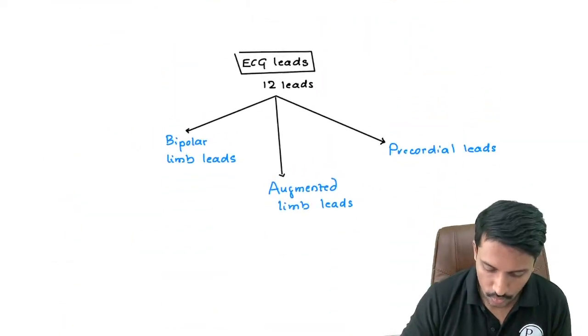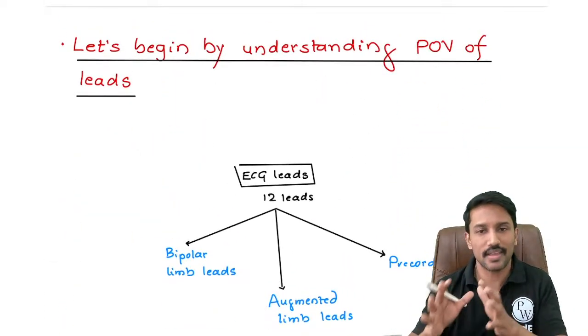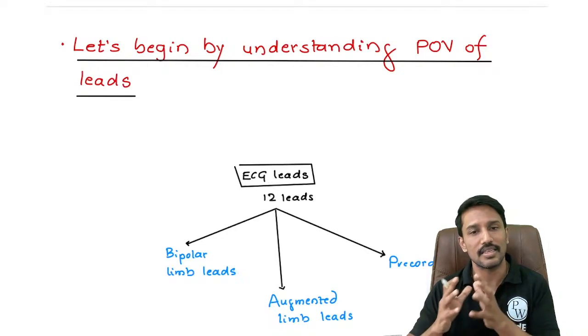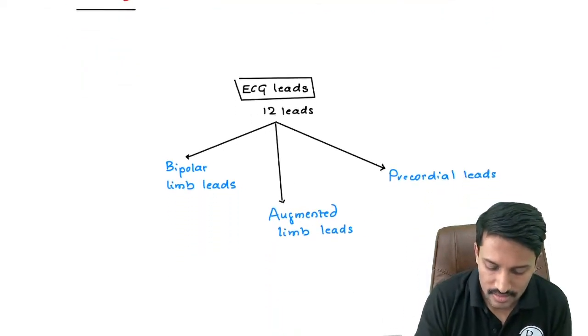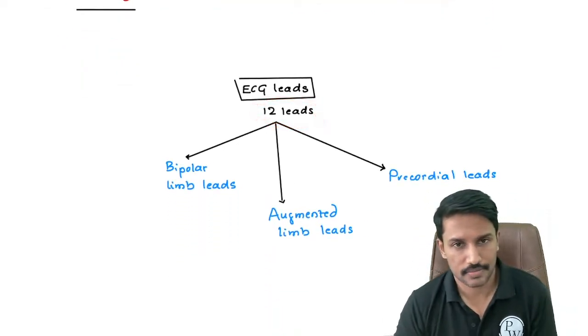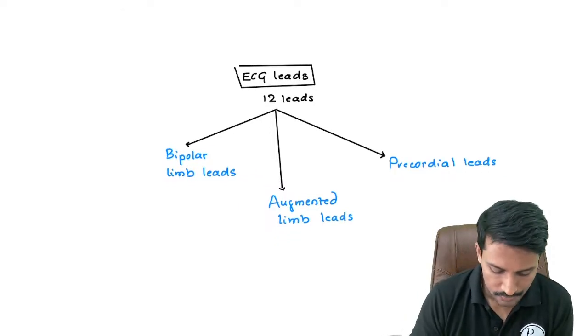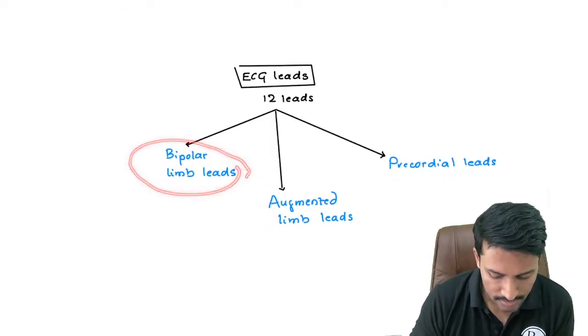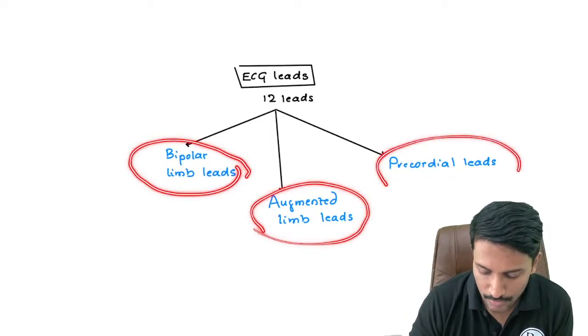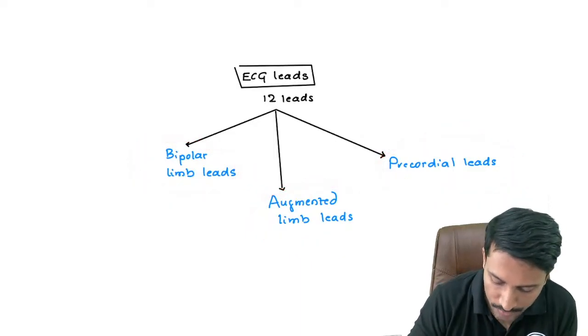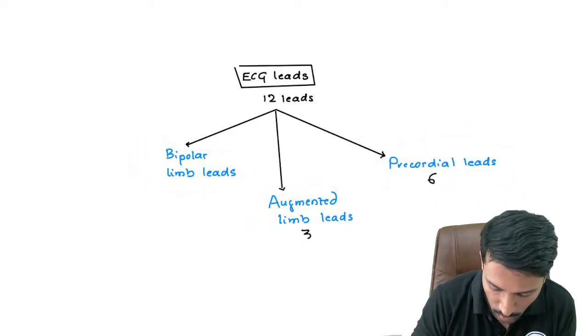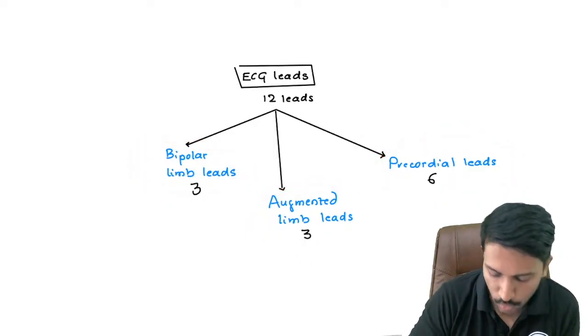Okay. So now to be able to understand how we can determine the axis, we need to understand the ECG leads. We know that the standard ECG carries 12 leads. Out of those 12 leads, there are bipolar limb leads, augmented limb leads, and precordial leads. So we have 6 precordial leads, 3 augmented limb leads, and 3 bipolar limb leads.